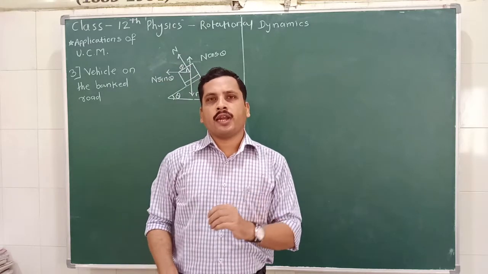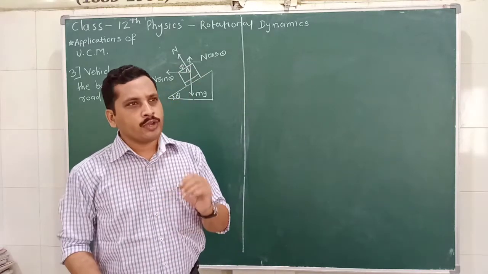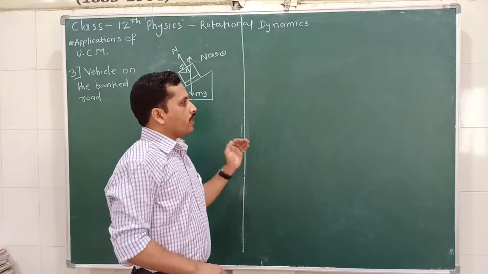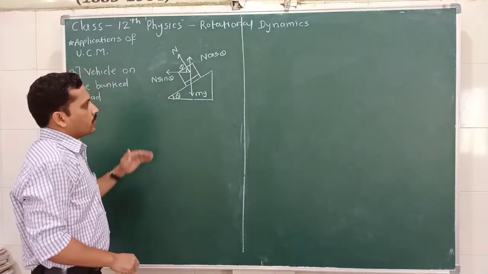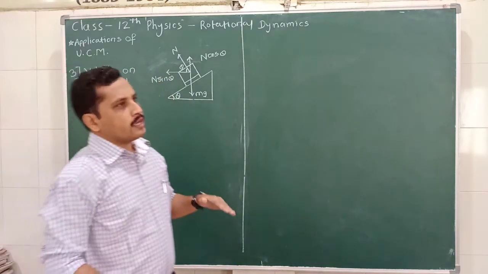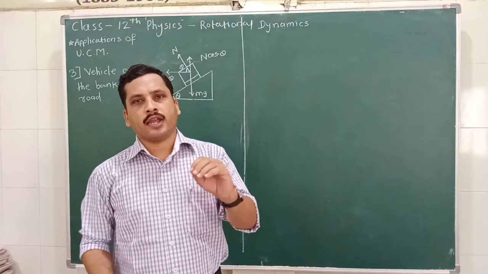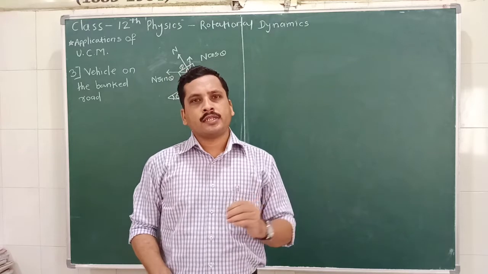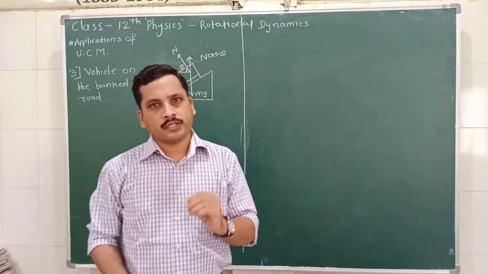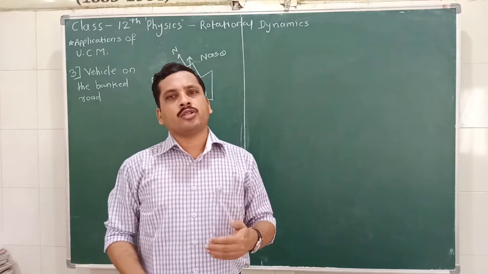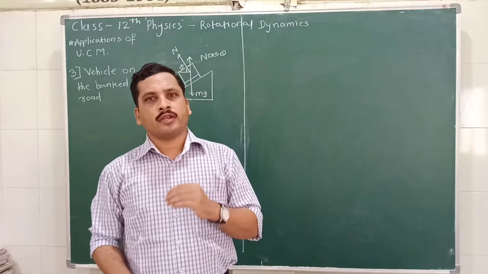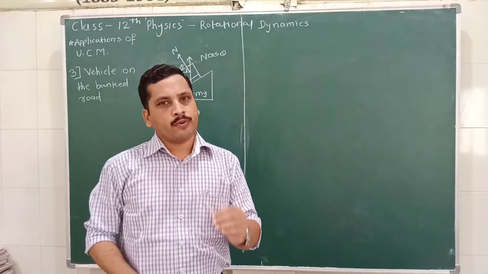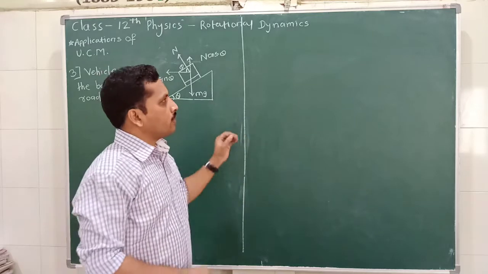But we cannot rely on this friction, because on rainy days, when rain falls on the road, the layer of water decreases the friction between the tire and the road surface. Therefore, the value of maximum velocity also decreases, and other factors also reduce the friction between the tires and the road. Therefore, we cannot rely on friction.